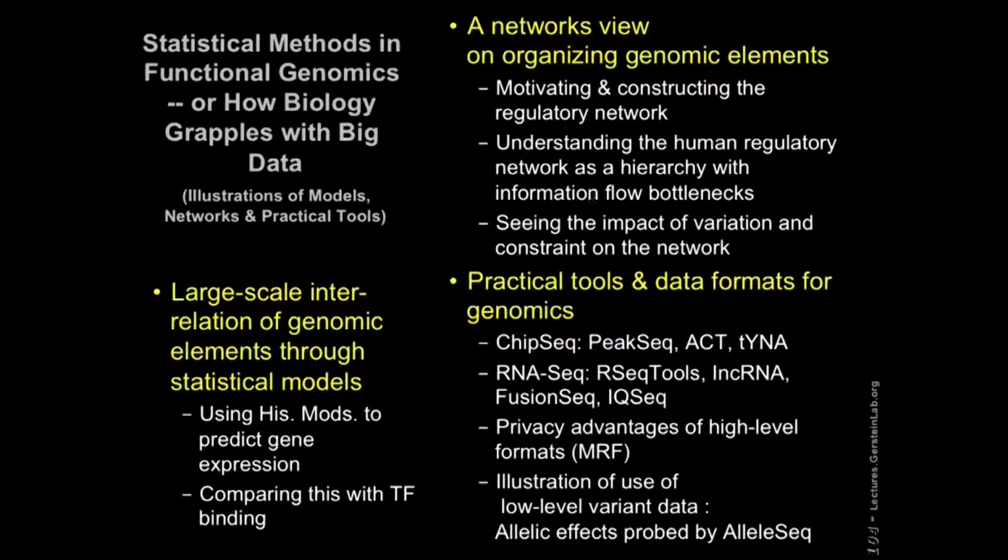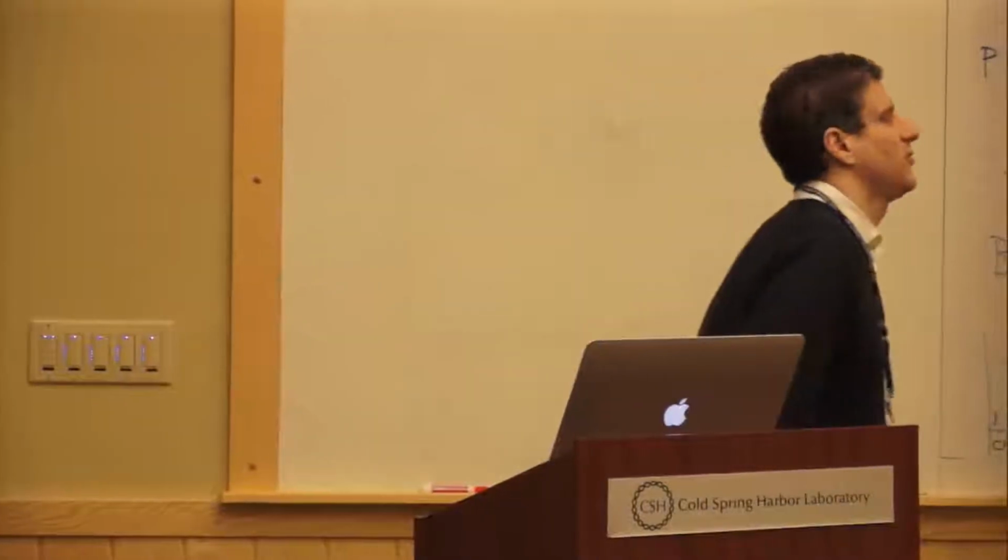Okay, so I'm going to summarize now what we've talked about. I've talked to you about three things: building models, building networks, and then at the end I gave you a quick walk through some tools, and I wanted to just highlight two aspects of tool sets.